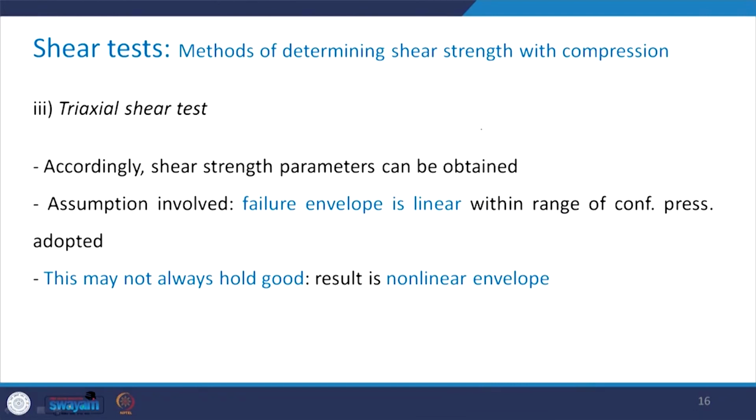The assumption involved here is that the failure envelope is linear within the range of the confining pressure that we have adopted, which may not always hold good, and therefore it may result in a non-linear envelope. We will see whether we will be able to cover this non-linear envelope, because it falls under some of the advanced topics.